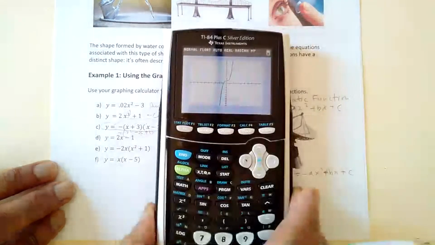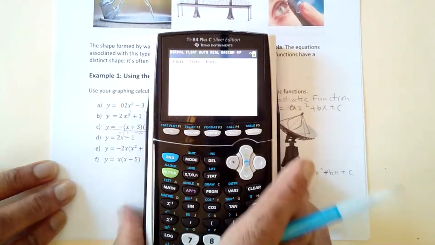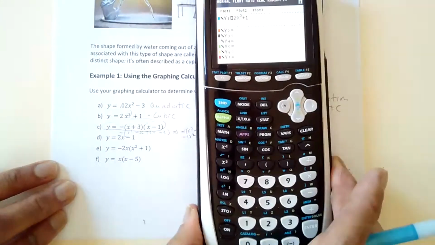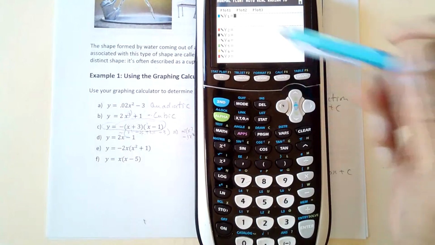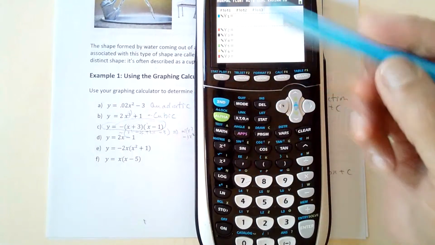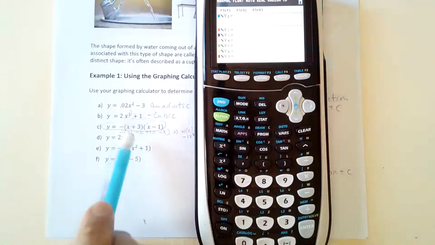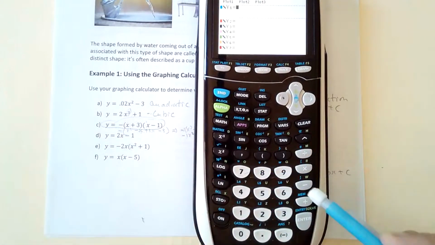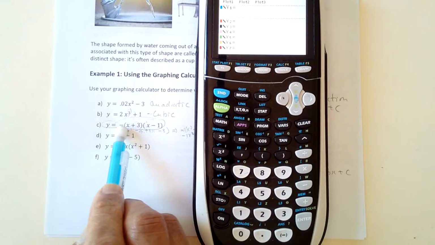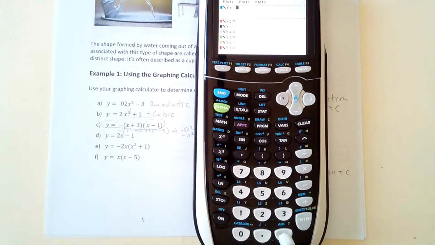So let's do that and go back to my calculator. Let's enter this equation here. Now, be careful, do not use the subtract sign, even though it looks like a subtract there. In your graphing calculator, it wants you to use the one negative in the brackets.